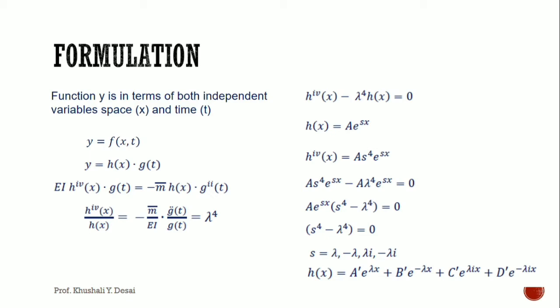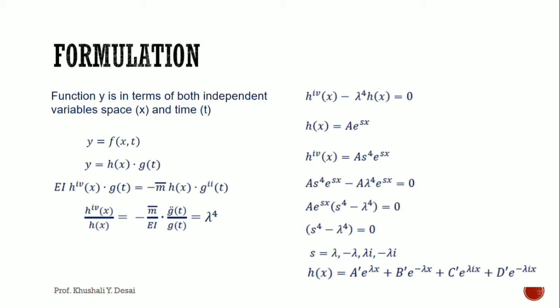Rearranging the terms, the fourth order of h of x upon h of x is equal to lambda raised to 4, which is also equal to minus m bar upon EI, second order of g of t upon g of t. So from the equation of the space variable, that is from h of x, we'll get fourth order of h of x minus lambda raised to 4 h of x equal to 0.